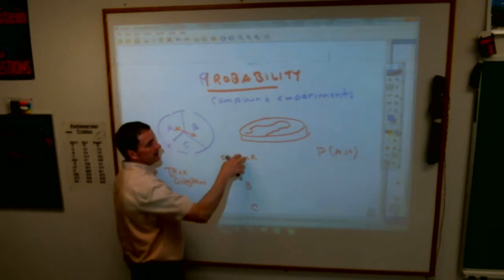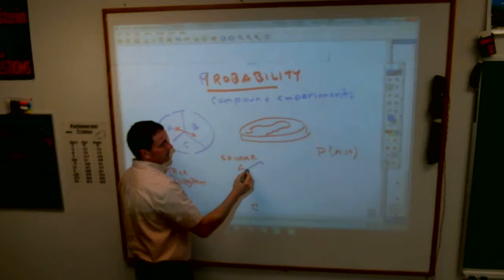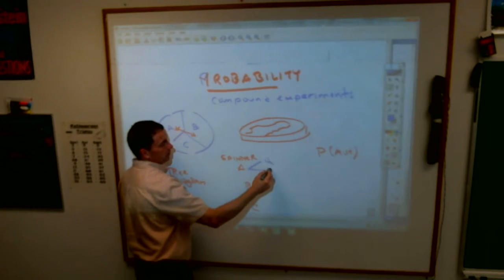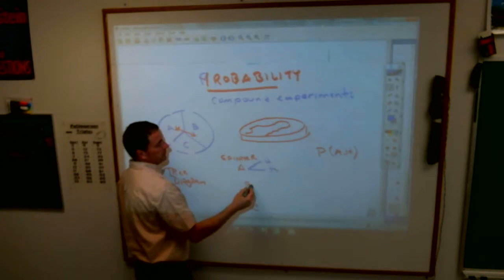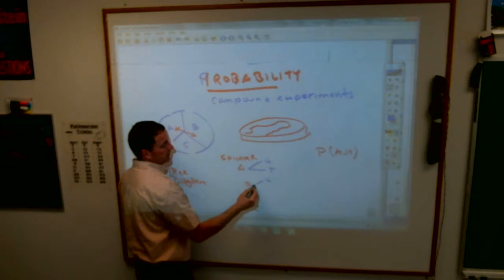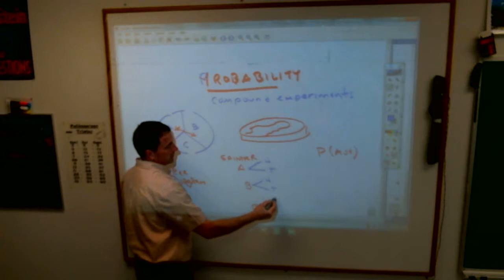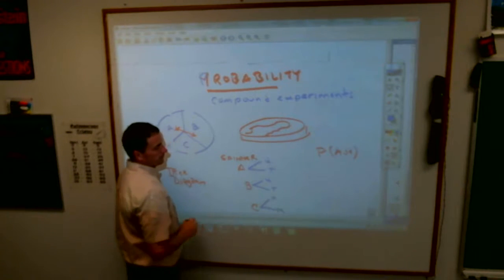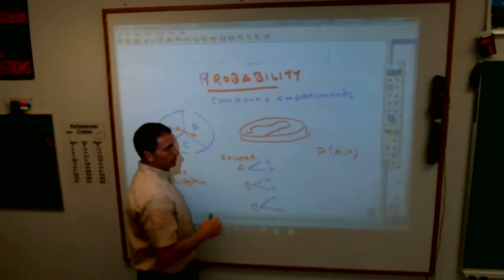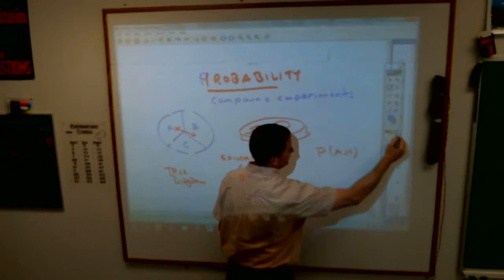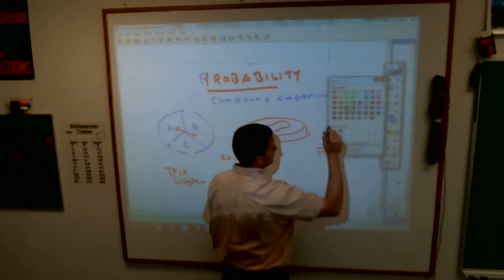If you spun an A and then flipped the coin, you could get a head or a tail. If you spun a B, you could also get a head or a tail. If you did a C, you could also get a head or a tail. And then you put those together, and that gets you your sample space, or all your different combinations.